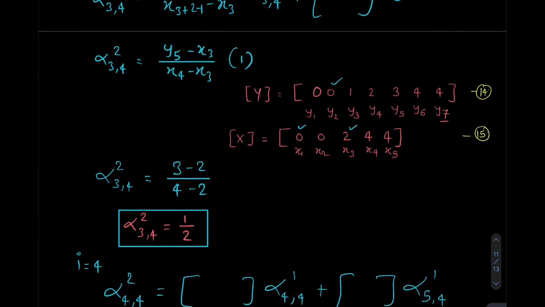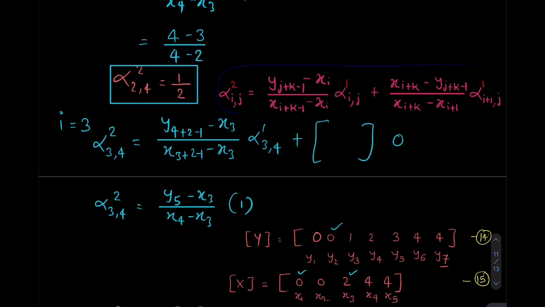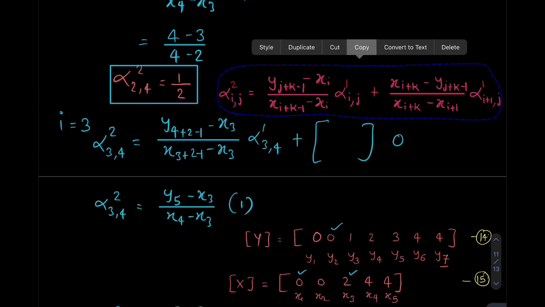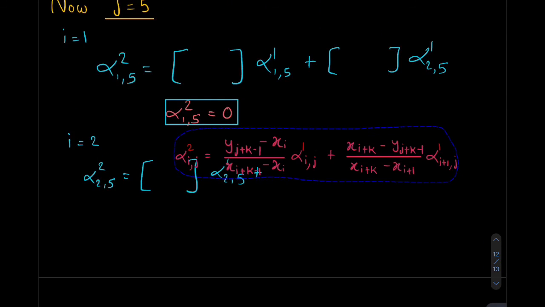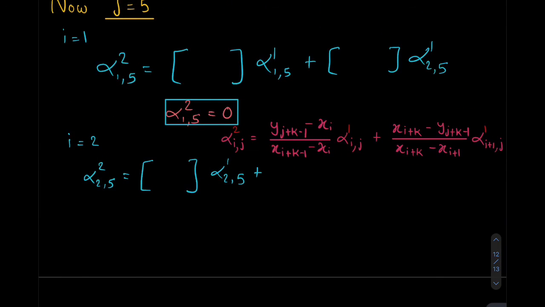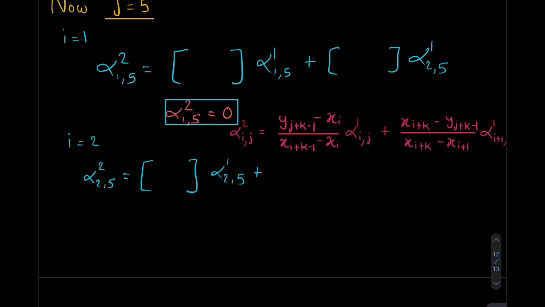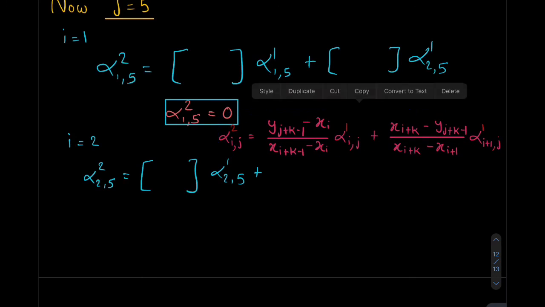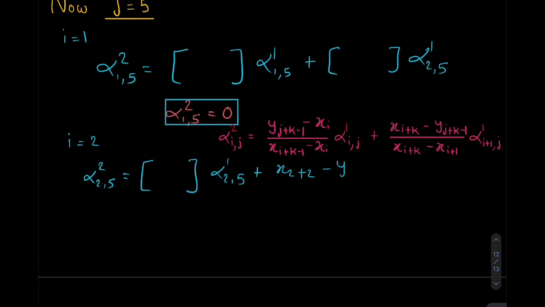some bracket. Now this term will be there because alpha 3 5 is present which is a unit value. Okay, so paste it here. So in the second part we have, okay, xi plus k. So I is 2 plus k is 2 minus y 5 plus 2 minus 1 divided by x2 plus 2 minus x2 plus 1, alpha 3 5.